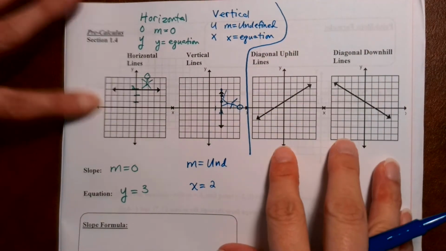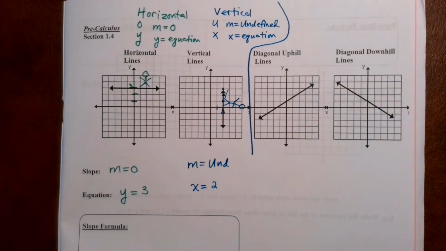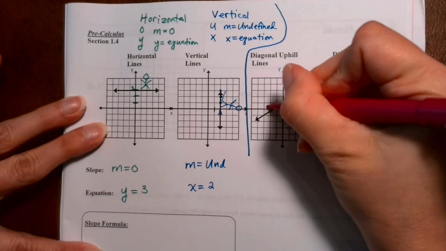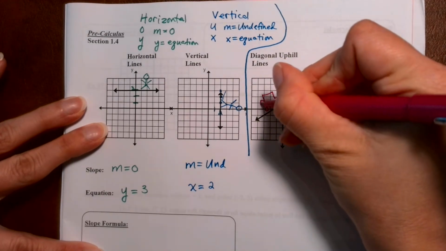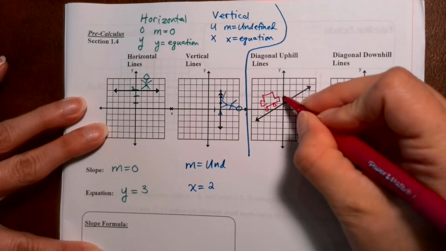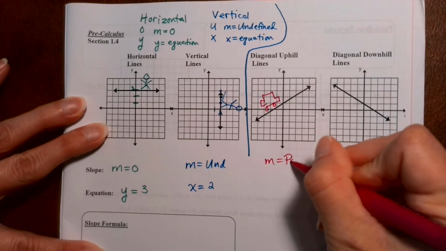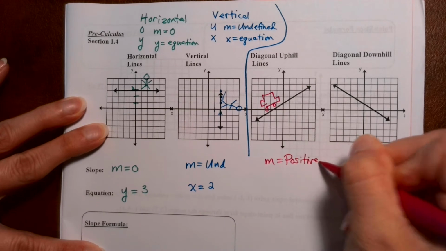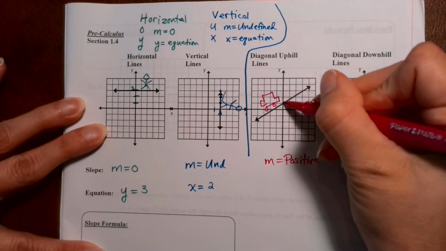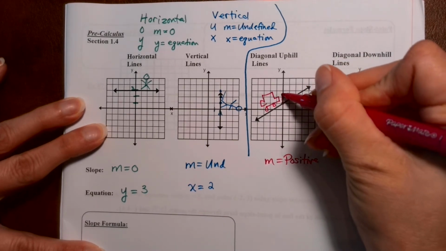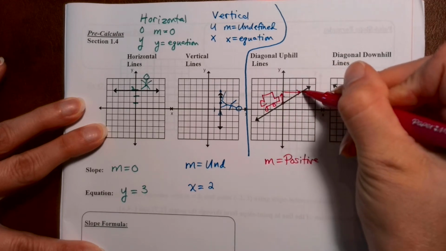In terms of the diagonal lines, these ones are going either uphill or downhill. I like to think of a car. So the car always drives from left to right. This car is going to be going uphill, and so the slope for something like this is going to be positive. In order to find the slope, you'd have to find 2 points, and you have to do a rise over a run.